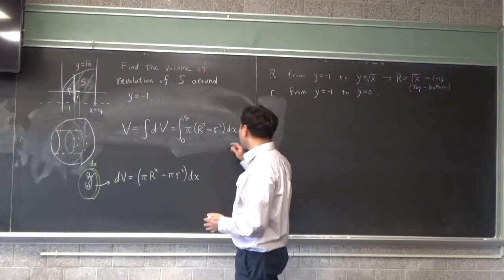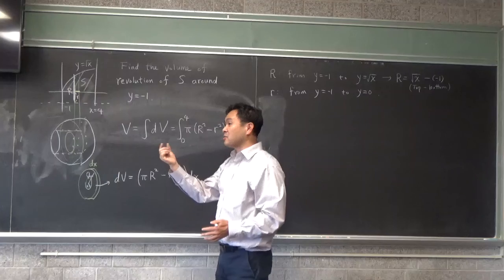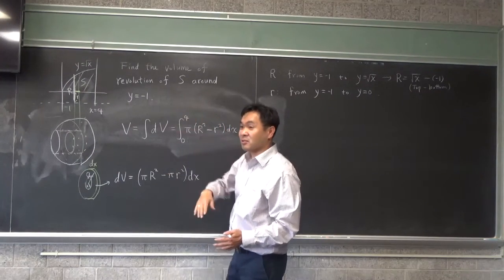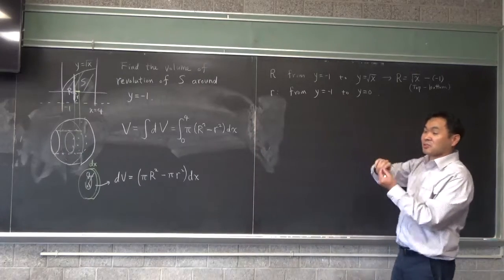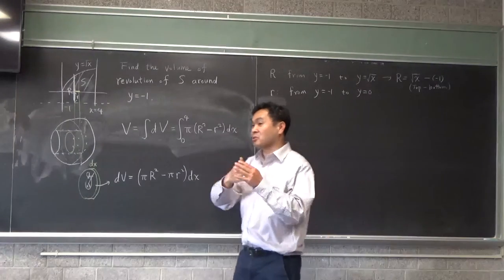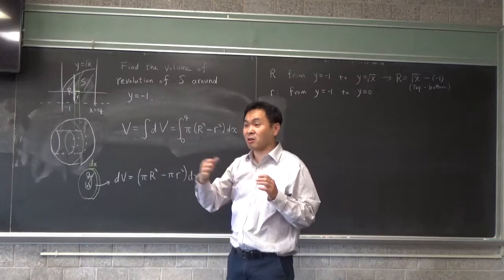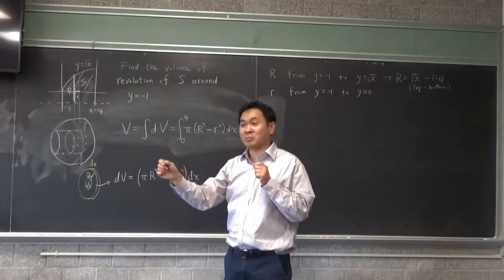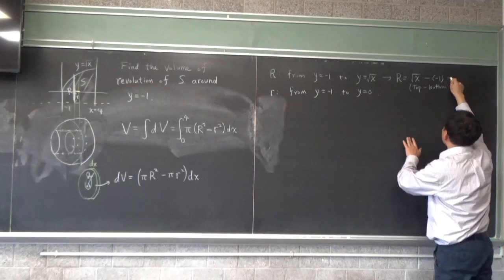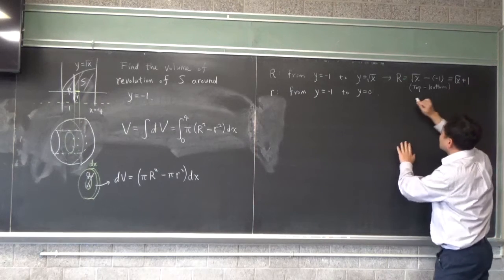So when you have dx, your thickness is the dx, and these should be y coordinates. And whenever you want to find a distance like that, that's top minus bottom. If this was dy, then you're going to be looking for the differences in the x coordinate to get capital R and small r. So in that case, you'll be doing right minus left. So we do top minus bottom, and because negative of -1 is positive 1, you have square root of x plus 1.